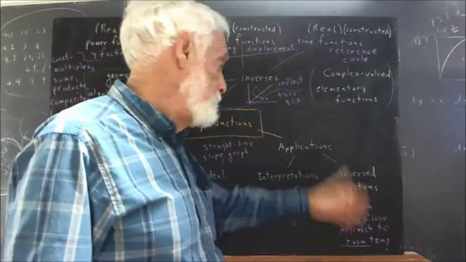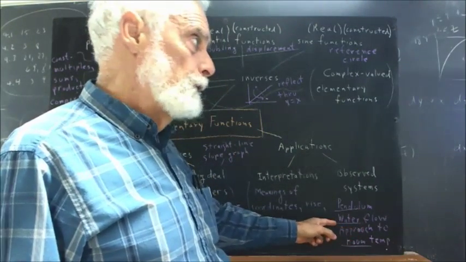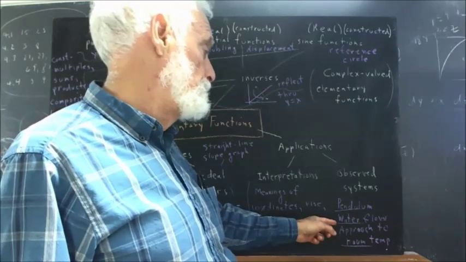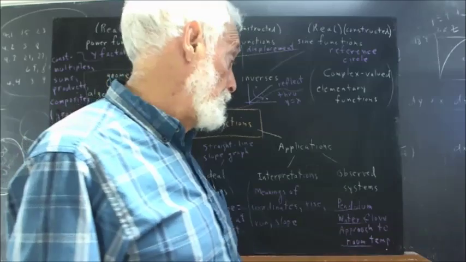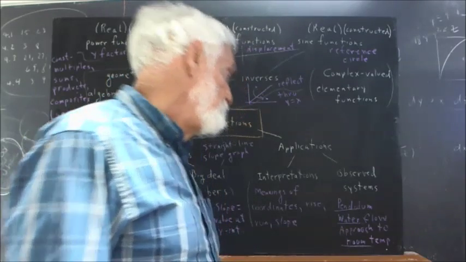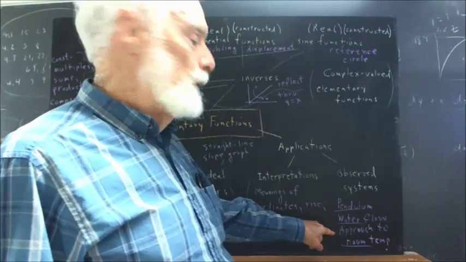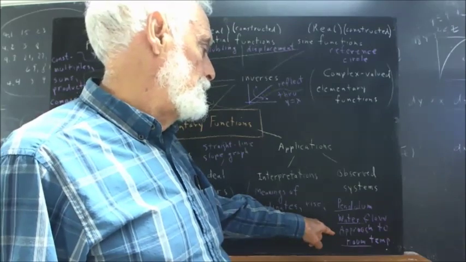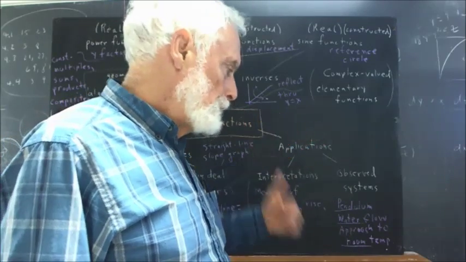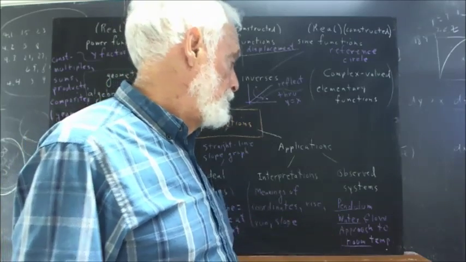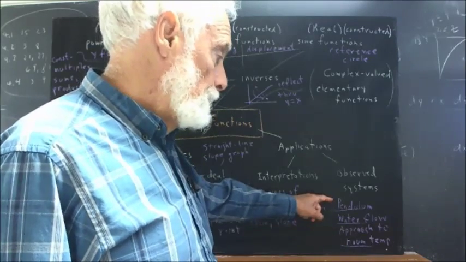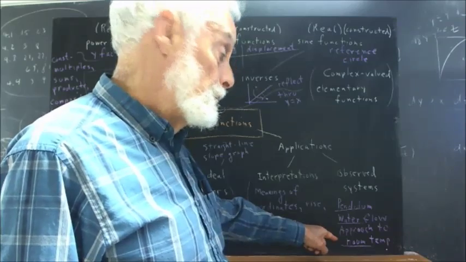The applications, we observed pendulums, we observed water flowing from a hole in a uniform cylinder, how the depth changed with time and how the horizontal range of that stream changed with time, and how the temperature of an object placed in a room approaches room temperature. These being examples of power function, exponential function.